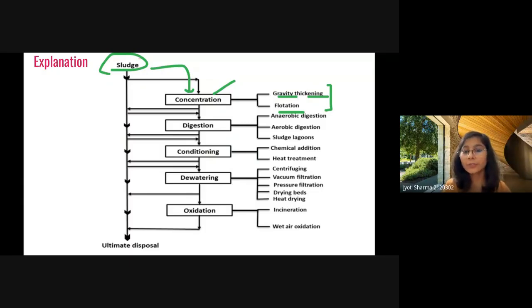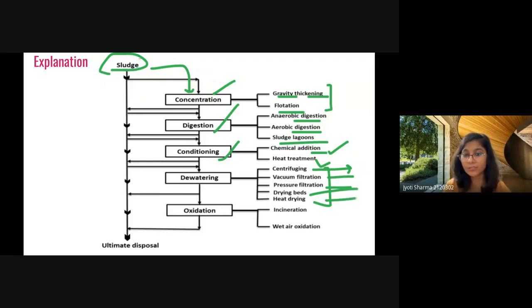After that, we will do the digestion. We have anaerobic digestion, aerobic digestion, and we can also have sludge lagoons. Then for conditioning, that may be use of chemicals, or we may also do conditioning using heat. If we are talking about dewatering, we have a lot of methods: centrifuging, vacuum filtration, pressure filtration, drying beds, heat drying.